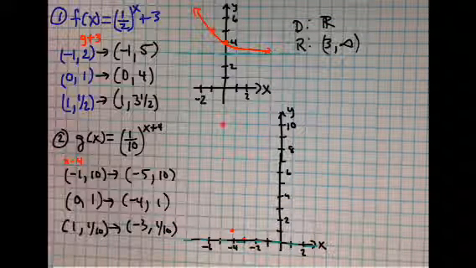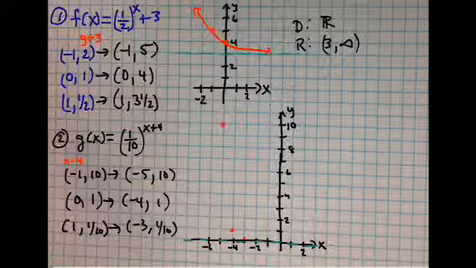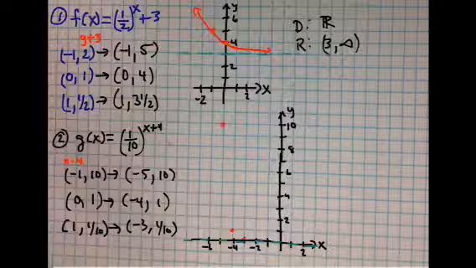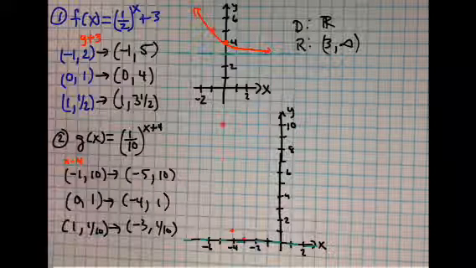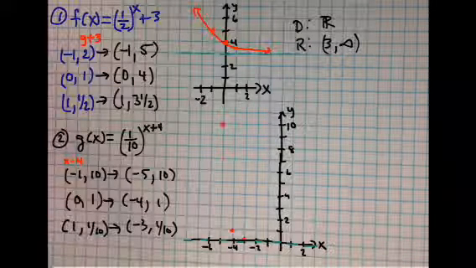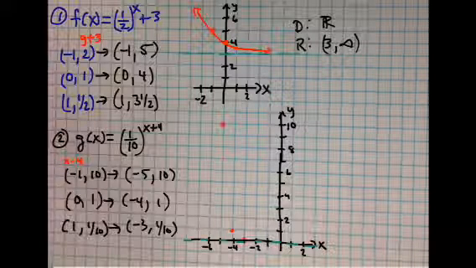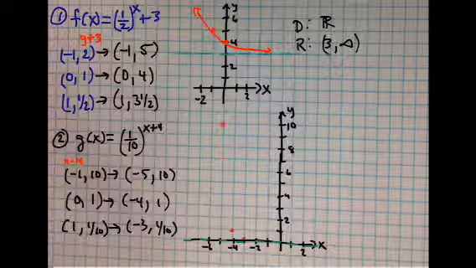Alright, so there are the 3 dots plus the horizontal asymptote. Because k is 0, because there's nothing right here, right? K is 0, I drew the asymptote at y equals 0. Okay? So now we're going to connect the points. It's a very steep curve because the base is 1/10, and when you take the reciprocal, it's 10. So let me get the right color.